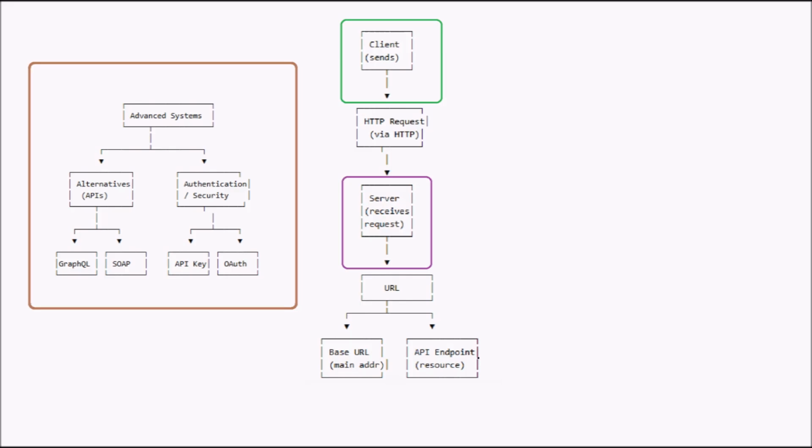In more advanced systems, alternatives like GraphQL or SOAP may be used, and authentication mechanisms such as an API key or OAuth help secure access.